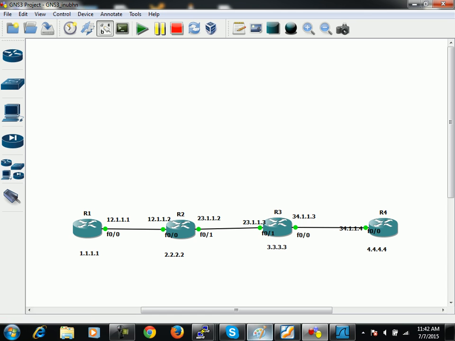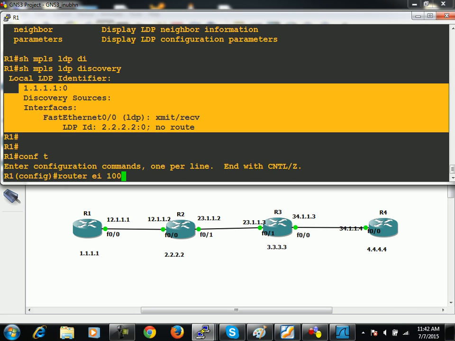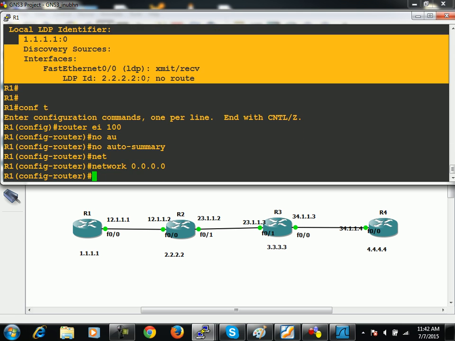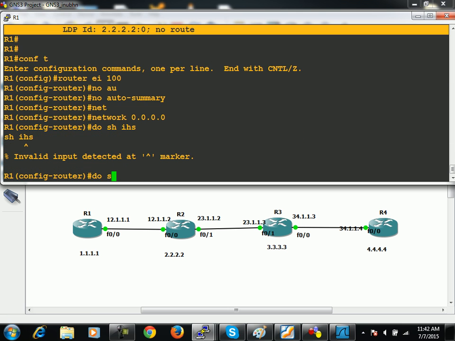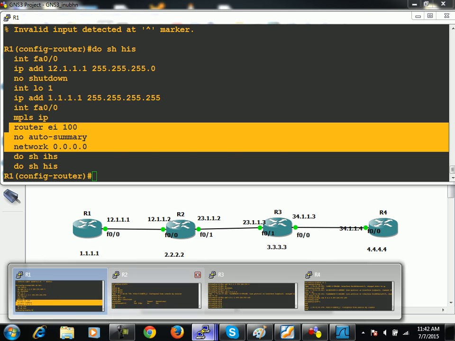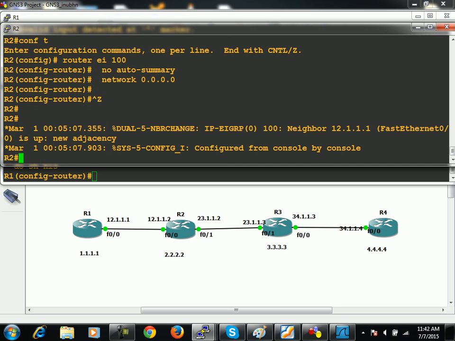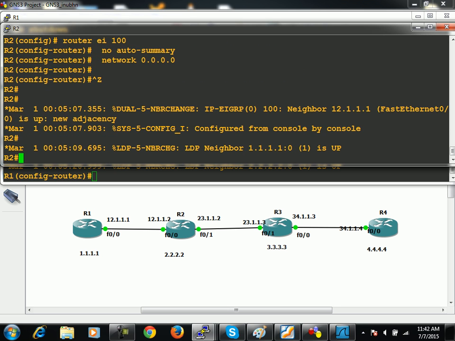Now move on. On R1, say router EIGRP 100, and network the interfaces. Move on R2 as well. Now see, EIGRP neighborship will come up, but along with that, LDP peering will also come up.